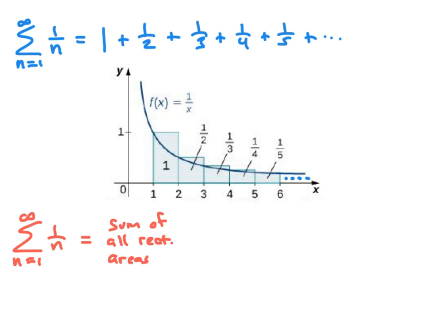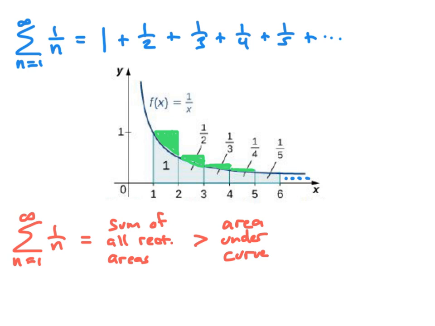What we notice then is that this sum of all of these areas will be larger than the area under the curve along this interval from 1 to infinity. We can see this by noticing that all of the area under the curve will be contained in these rectangles, but that there's also area above the curve that will be counted by the rectangles. So for example, these regions that are being shaded in green are all considered area of rectangles here, but the area is not under the curve.